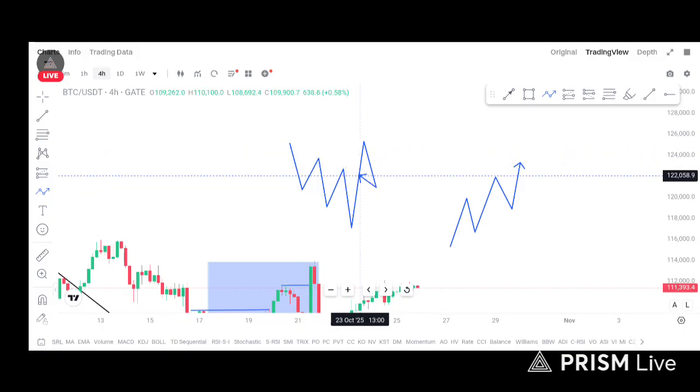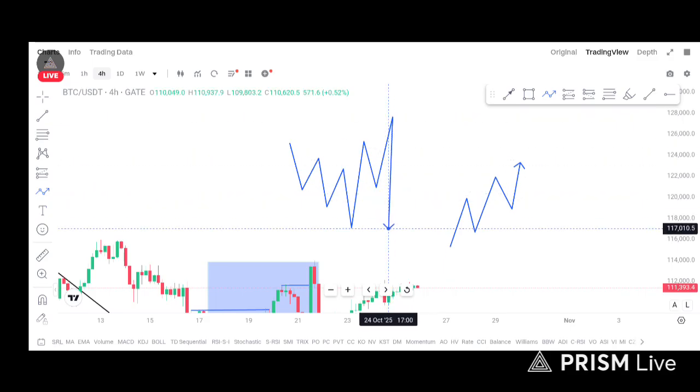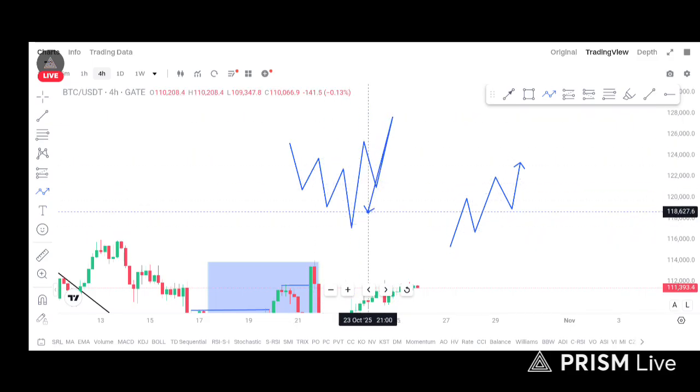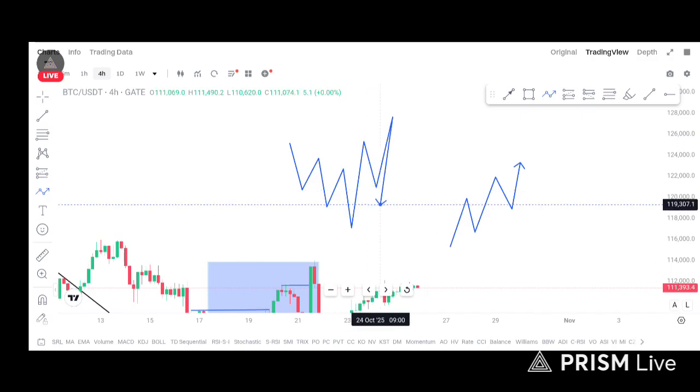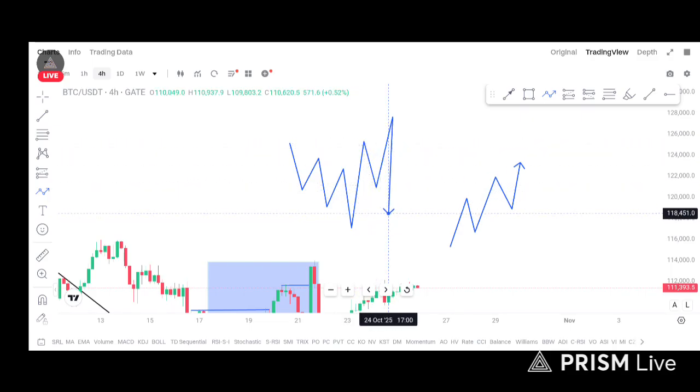You don't need to wait for the second break of structure. You just know that you have changed trend already. Like you can start buying. If market pulls back to here, you can start buying. So you can start buying from this first pullback, or you can wait for the second break of structure for a stronger confirmation to start buying from this low, right?